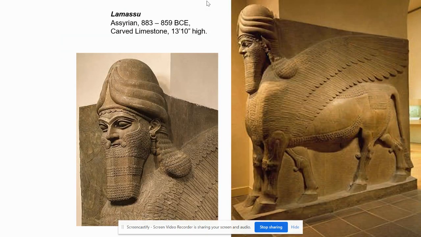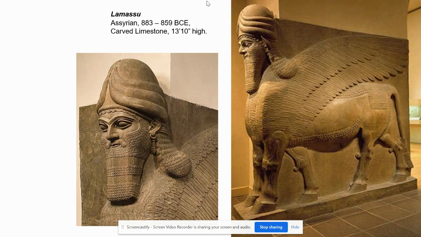Now, this is one of my favorite pieces, and this is a lamasu. So it's a type of mythological creature. It is originally Assyrian, although the Persians are later going to adapt it. And we can see that it has a human head, the body of a bull, and it also has wings. So it's a composite creature here.